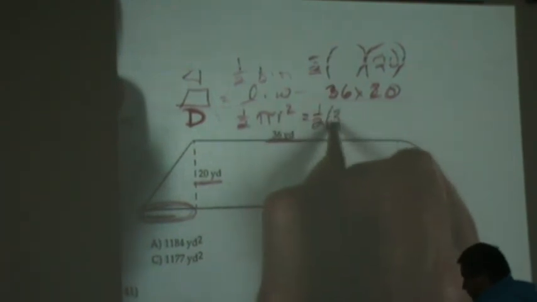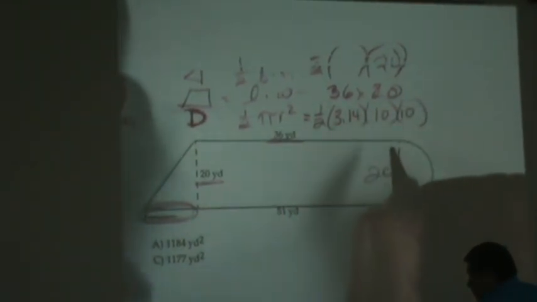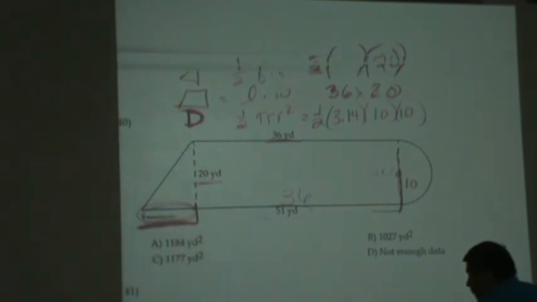Okay, we know the circle part, 1/2, 3.14, radius, radius. 20 is the diameter, yeah, radius is 10. Okay, so we need to figure out if this is 36 and this whole length is 51, how long is this? Subtract 36 from 51. So you get 15. So the base of the triangle is 15.